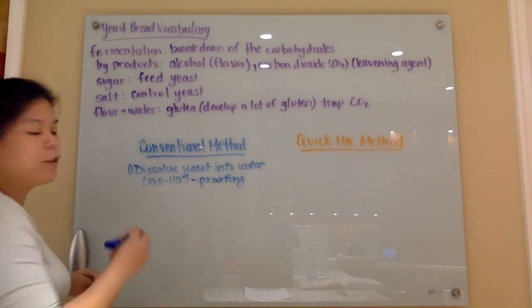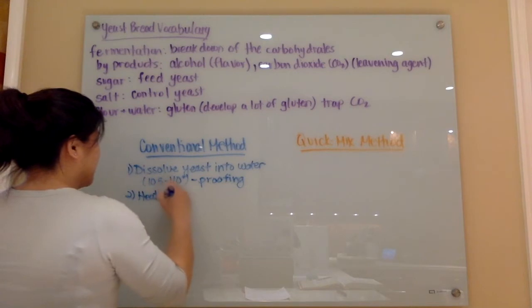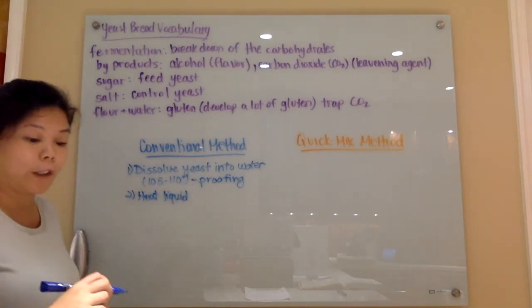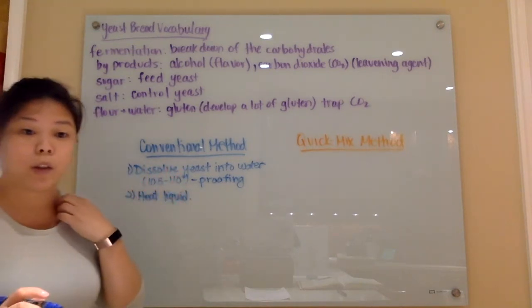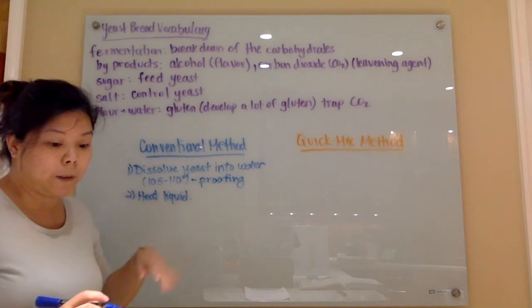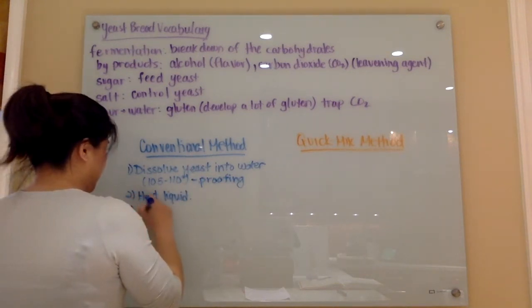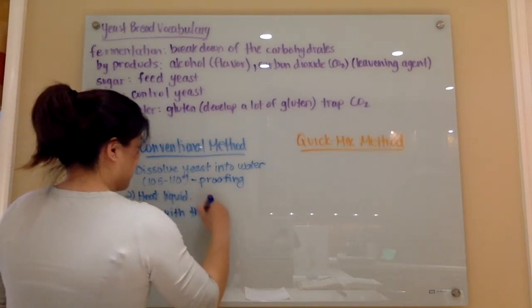But after that, I'm going to heat any other kinds of liquids I have, so maybe it might be egg, butter, milk, whatever, and then I'm going to add it in with my dissolved yeast, my proofed yeast, and mix it with the yeast.